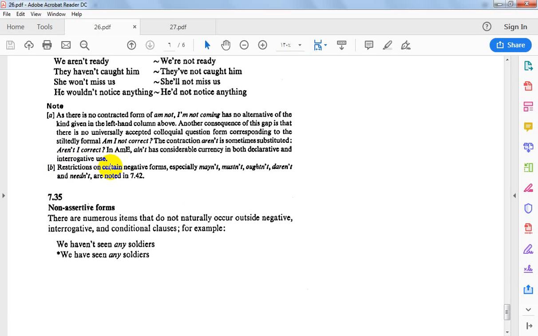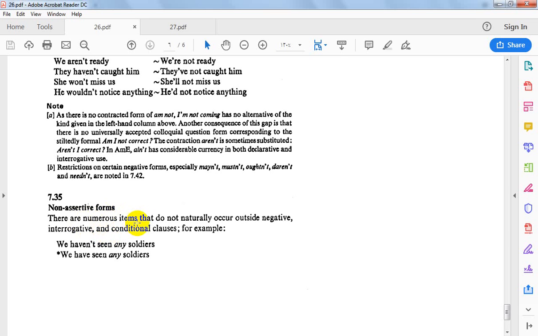I think you have an idea about some with positive, any with negative. If you have some in the sentence, you should change some to any when you change it to negative. You remember this thing? There are numerous non-assertive items. When do I use non-assertive with negation? All assertive forms in the positive should be changed to non-assertive forms when negative.